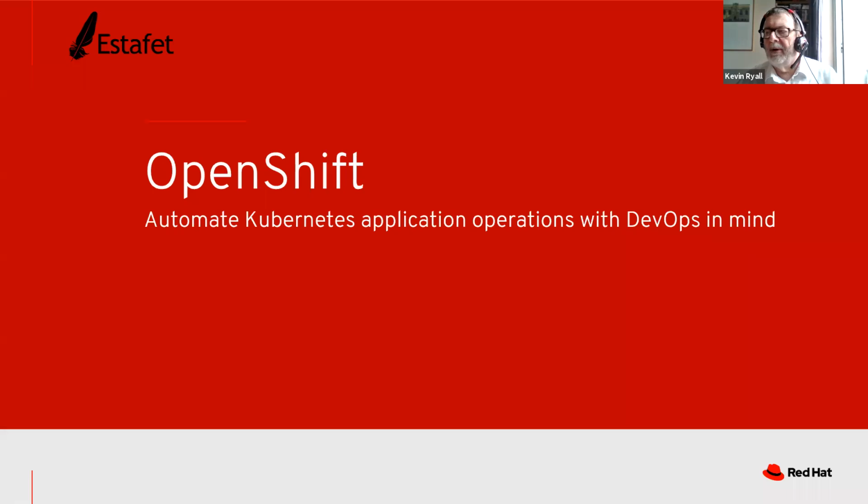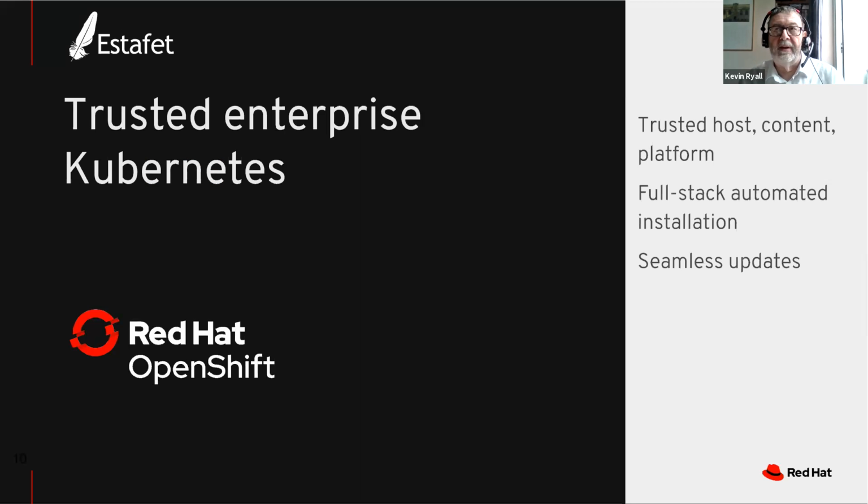So I'm going to quickly go through some of these elements because they lead in naturally into the labs, and these are the things that you will be looking at in detail when you do the labs. So firstly, we'll look at OpenShift. This strapline: automate your Kubernetes application operations with DevOps in mind. So it is essentially Kubernetes, but you could say Kubernetes plus plus, or Kubernetes plus extra enterprise elements.